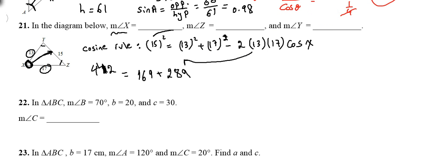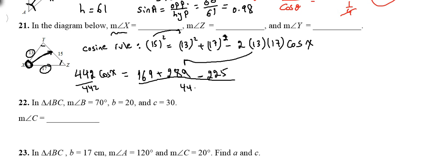And we bring this 15 to this side, it will be minus 15 squared, which is 225. That's nice. Oh, sorry, here I forgot something. It's 442 multiplied with cosine of angle X. Now we divide both sides by 442.